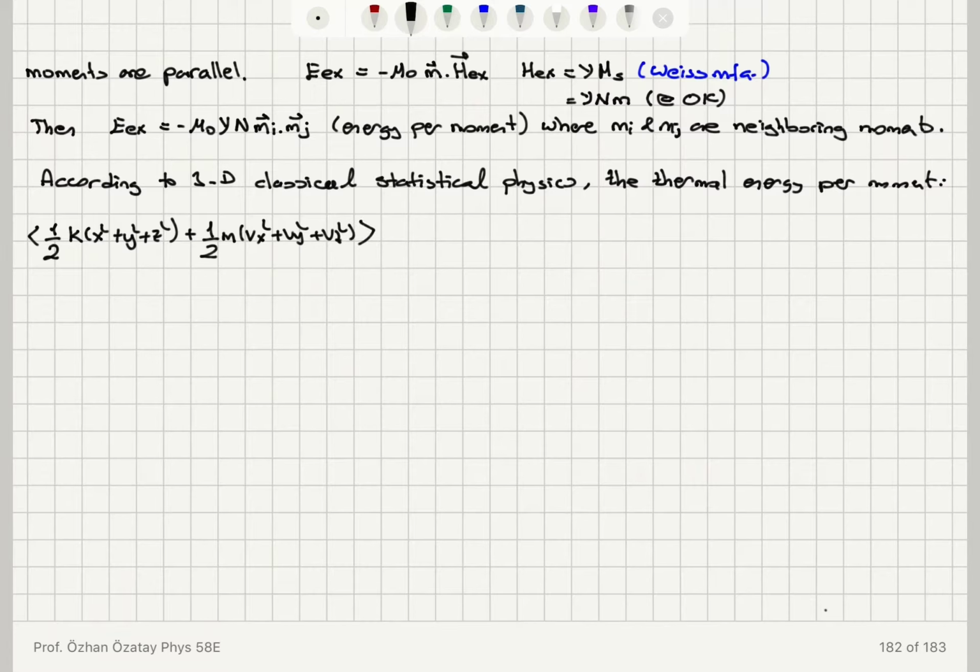This is because they belong to a lattice and they're oscillating about their equilibrium positions in 3 dimensions, and each quadratic term gives a half kT contribution.